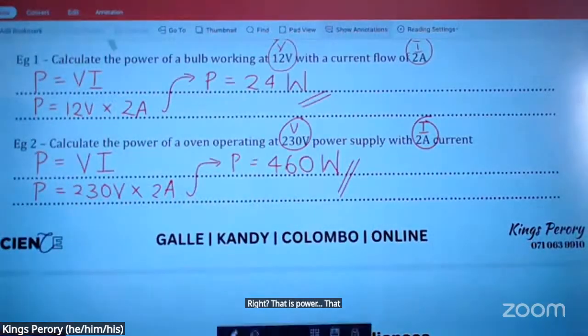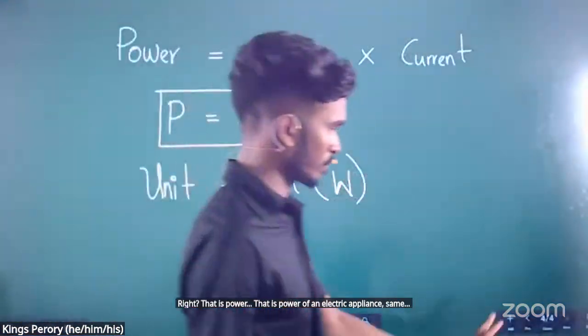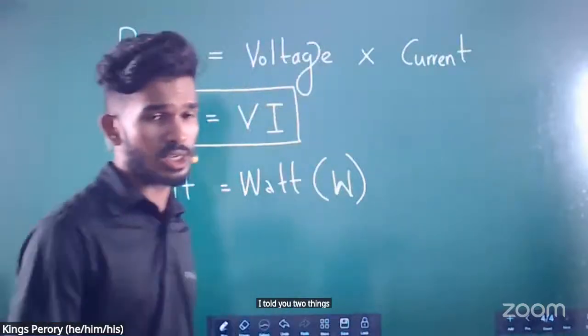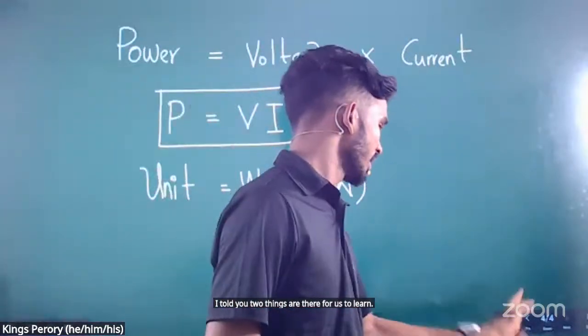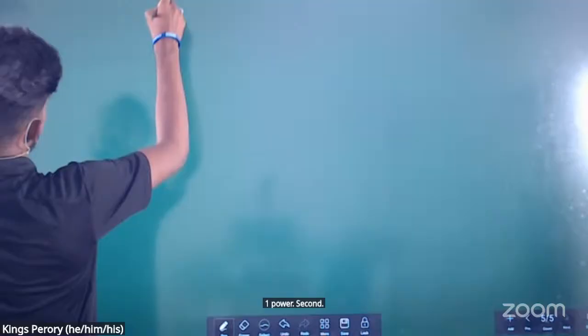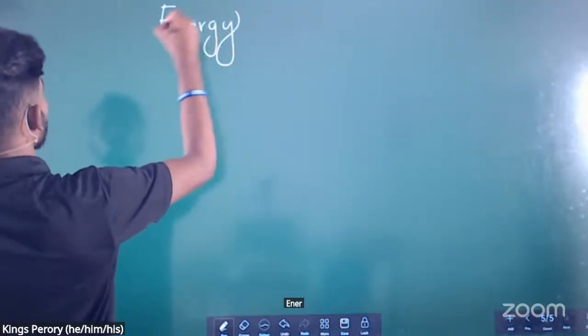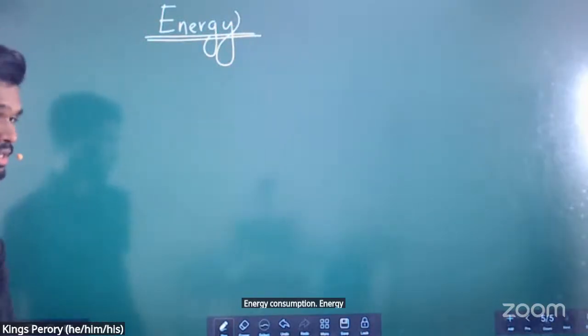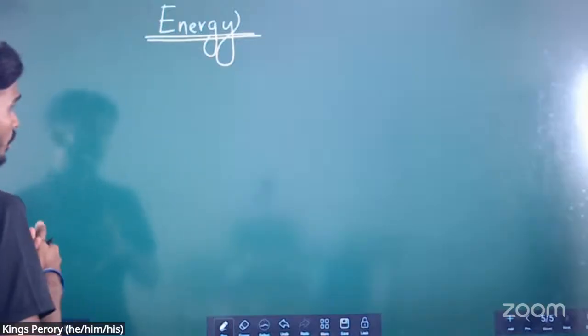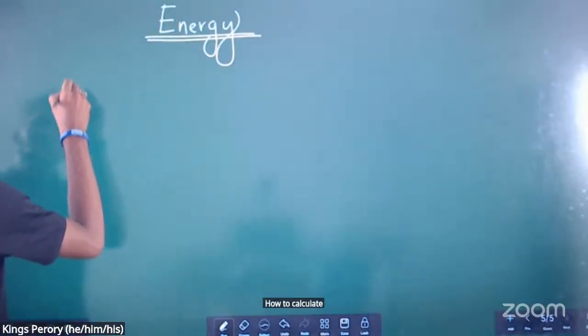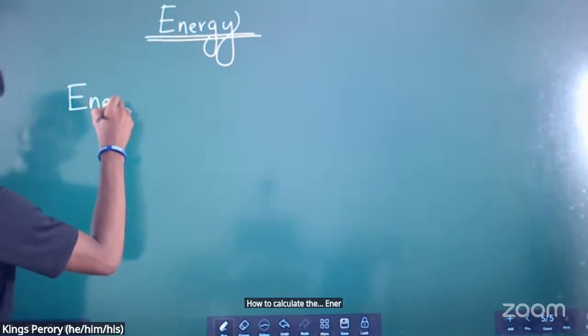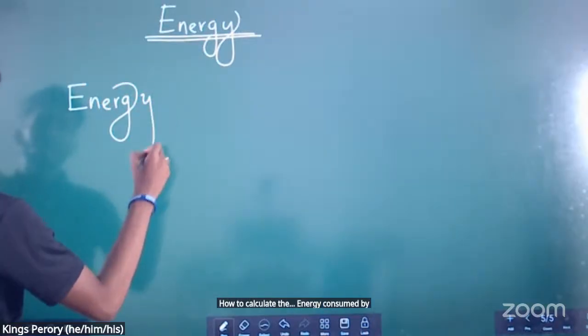Power of an electric appliance. I told you two things are there for us to learn. One, power. Second, energy consumption. How to calculate the energy consumed by an electric appliance?